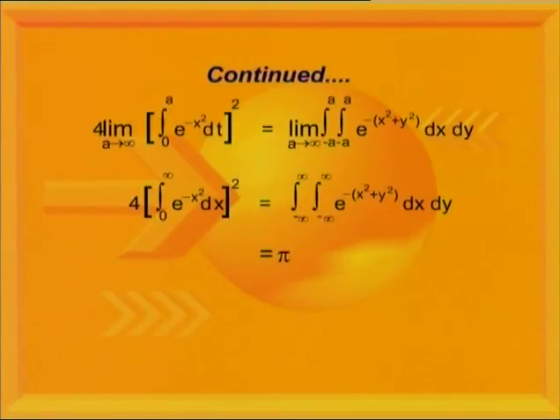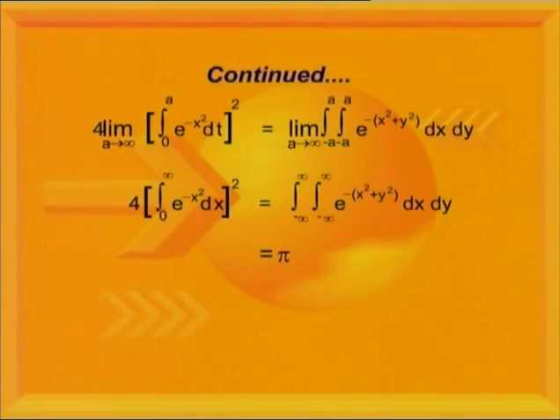This we have already evaluated in our previous example, which is equal to pi. So 4 times the integral which we have to evaluate, that was our problem, 4 times the square of that integral is equal to pi.